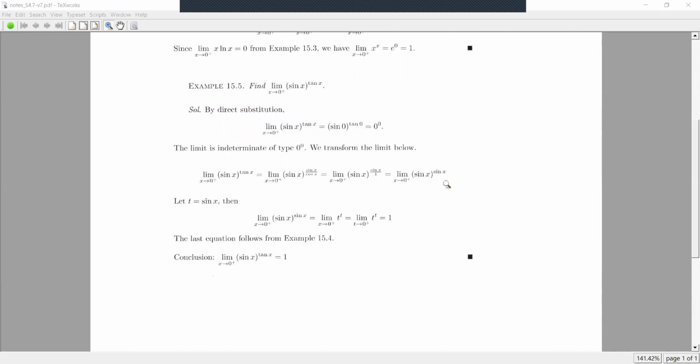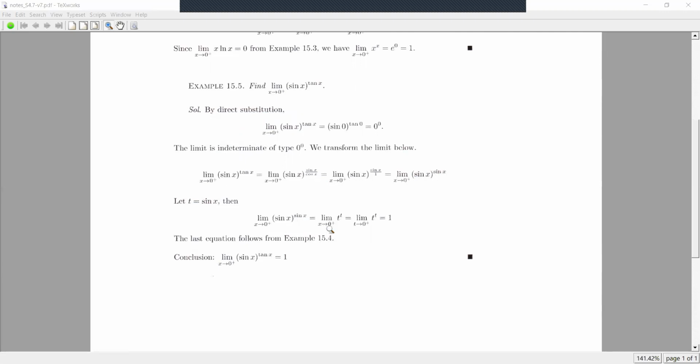And then this limit. Okay, now here I make a change of variable. I let t be sine of x. Then this limit becomes sine t over t.